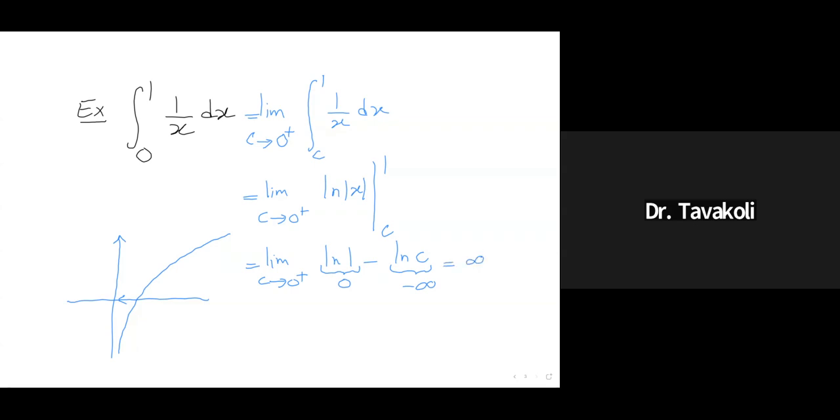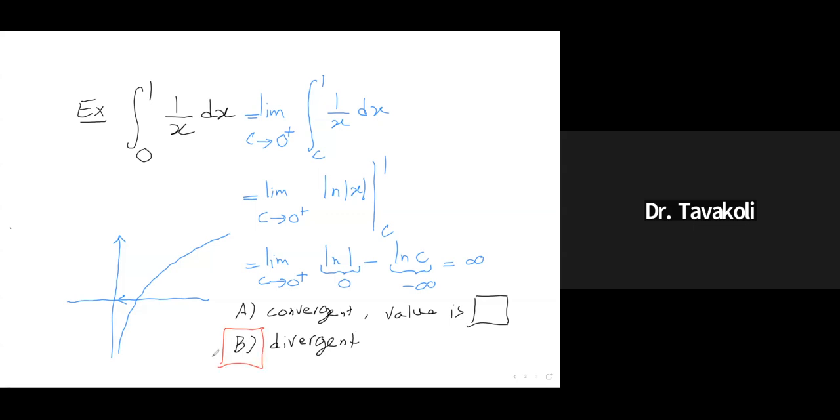So if I had to choose between these two answers, convergent, and the value is this finite number, and divergent, since I got infinity, I definitely need to choose divergence.